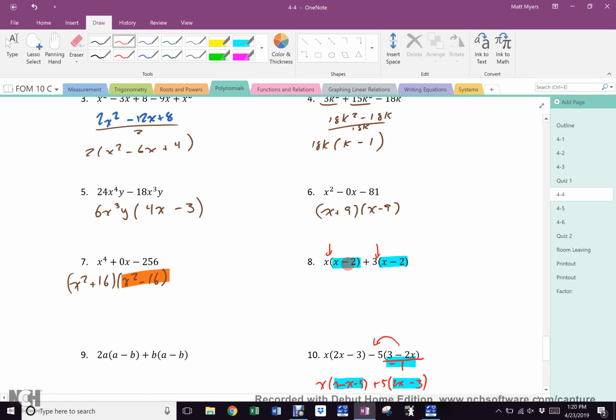Which means x minus 2 is a factor in both of them, which means it is common to both of them, yes? When you have something that's common to everything, you can divide by x minus 2, because that's the common factor. Then you write the common factor there, and then you write the answers there.